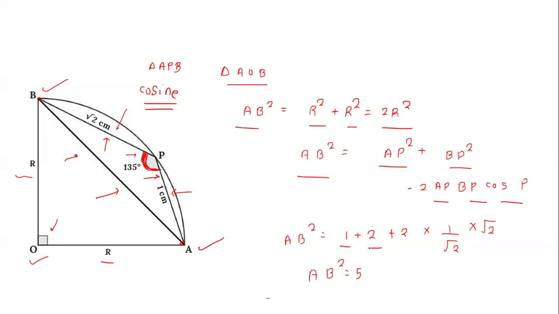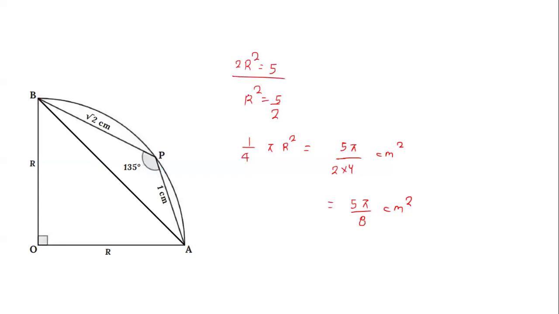This is root 2 square, which becomes 2. Then 2 times AP, which is 1, BP, which is root 2, and cos of angle P. Cos of 135 is minus 1 by root 2. So this minus sign and this minus sign will become plus, and this is 1 by root 2. After simplifying, this will become 5.